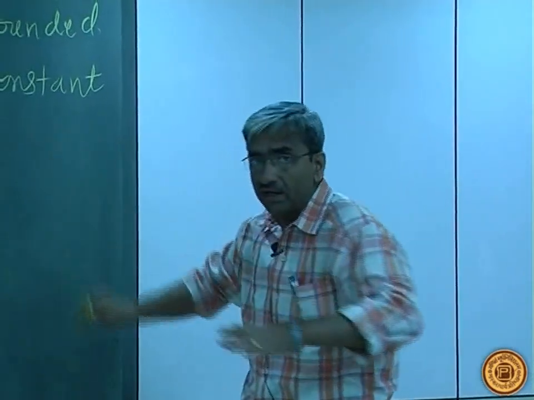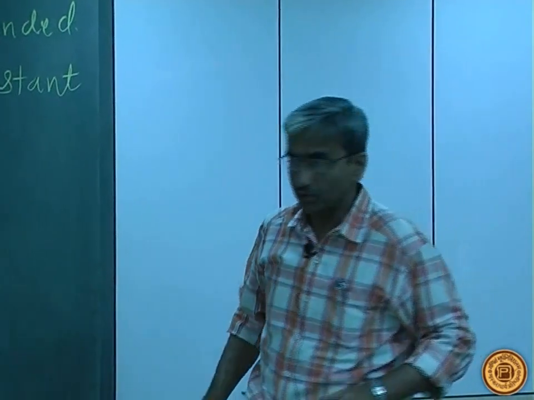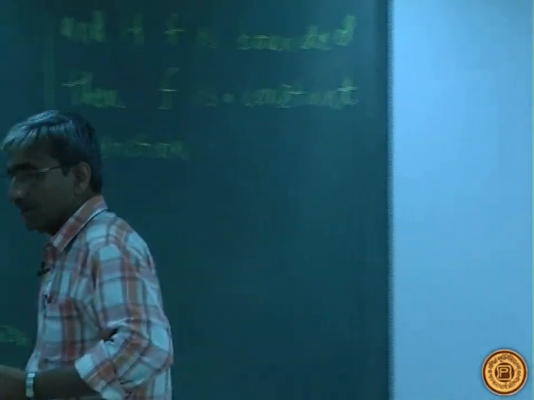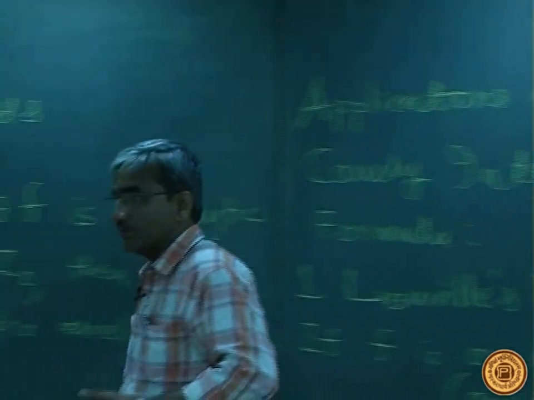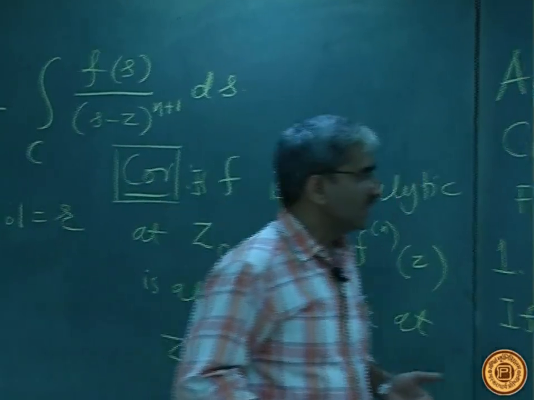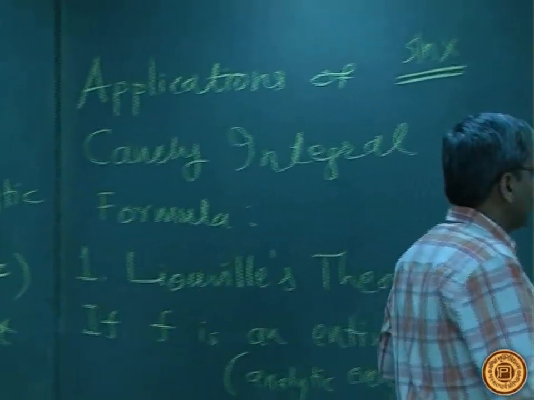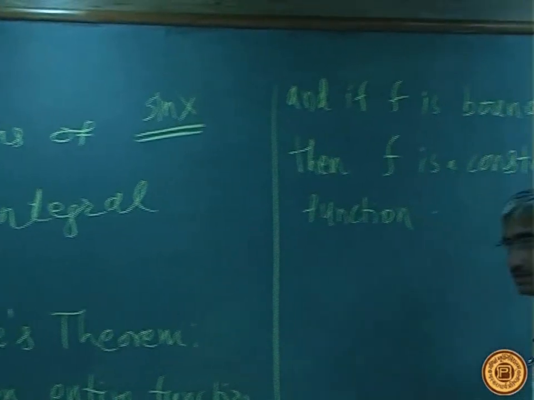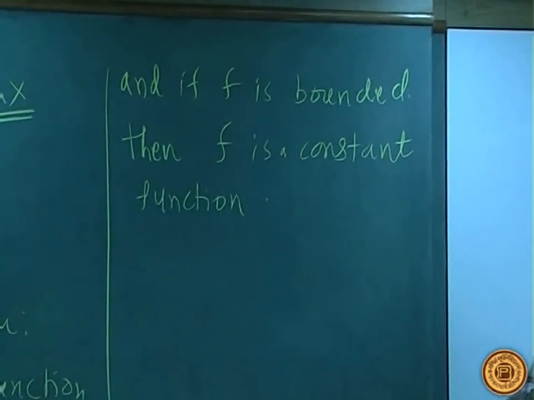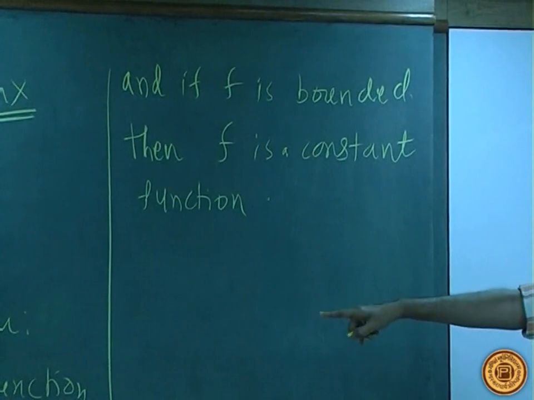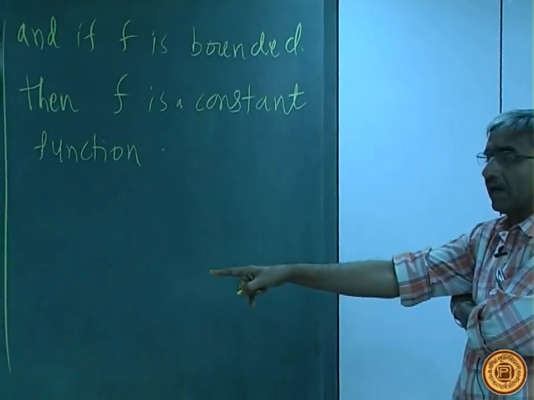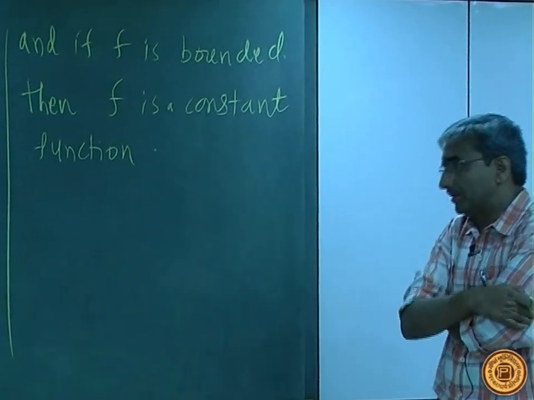It is bounded, but is it a constant function? No, definitely not. Sin is not a constant function. In fact, it is a periodic function, continuous, and varies from -1 to 1. So definitely this type of statement is not available in real variable theory.